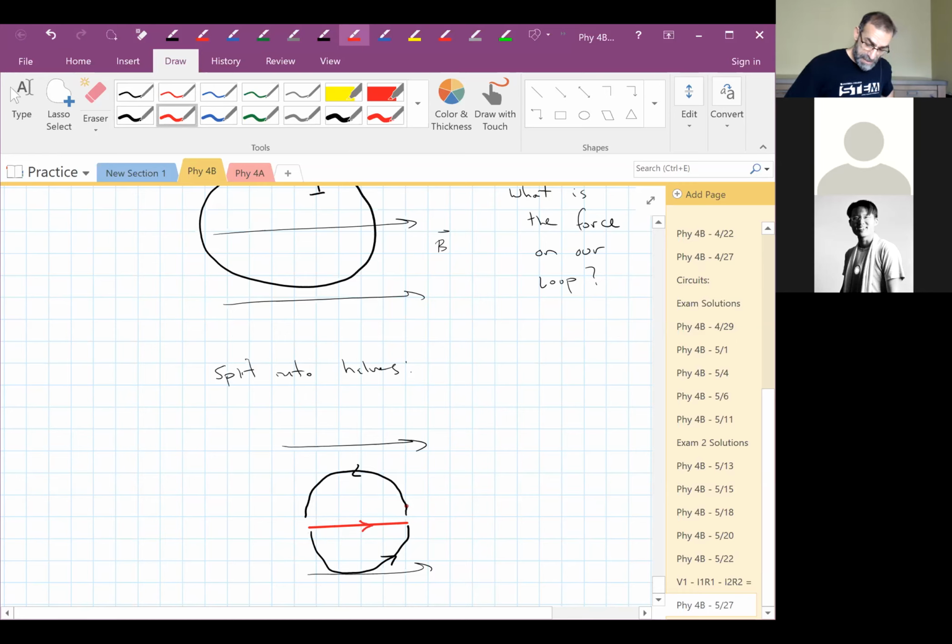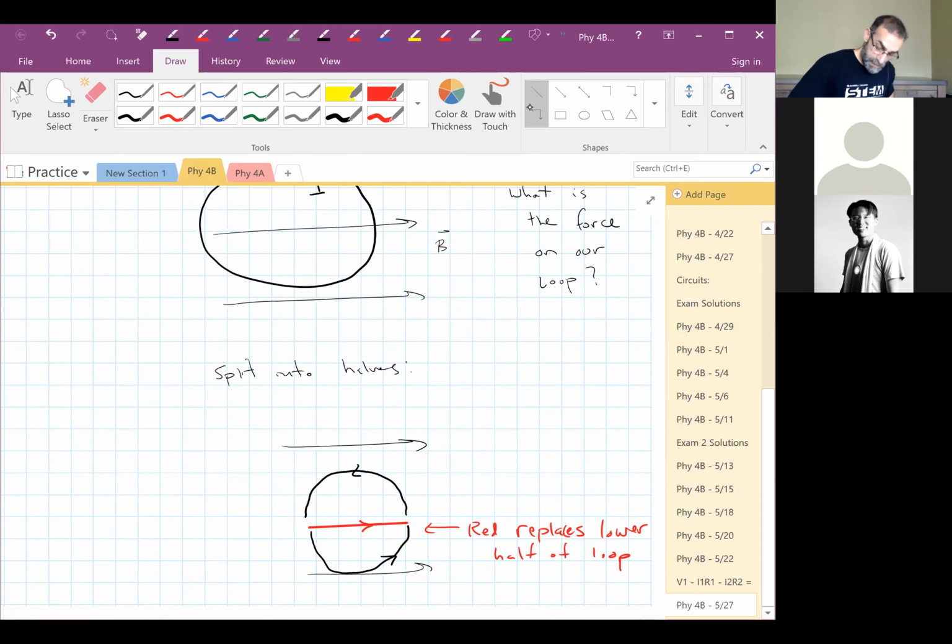And we can replace the upper one, let's use blue, with this guy.